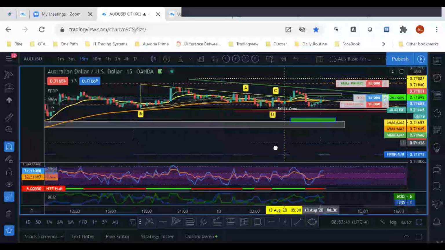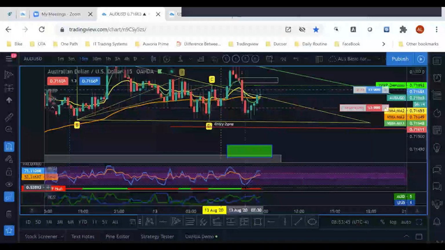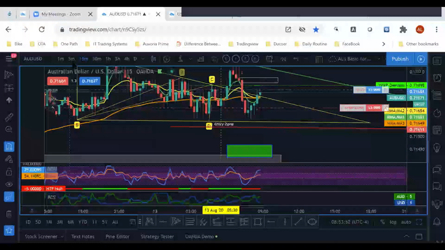Same type of scenario. Everything right now is all bunched together. But if we can get a green bar and get the Aussie strong, which it is here on the 15 right now, Aussie being the first currency of the pair, so we're going for the strength of that.